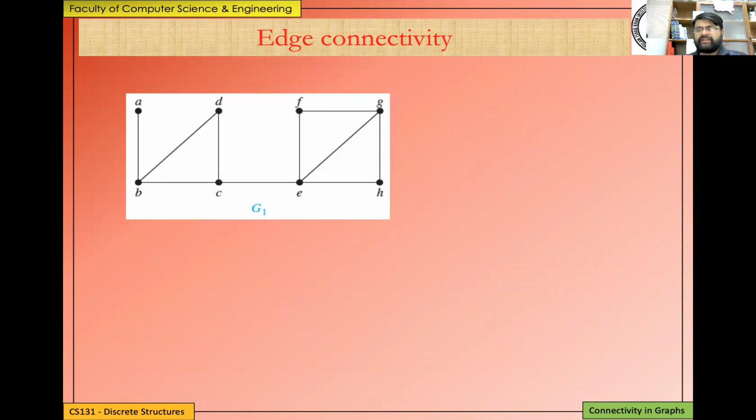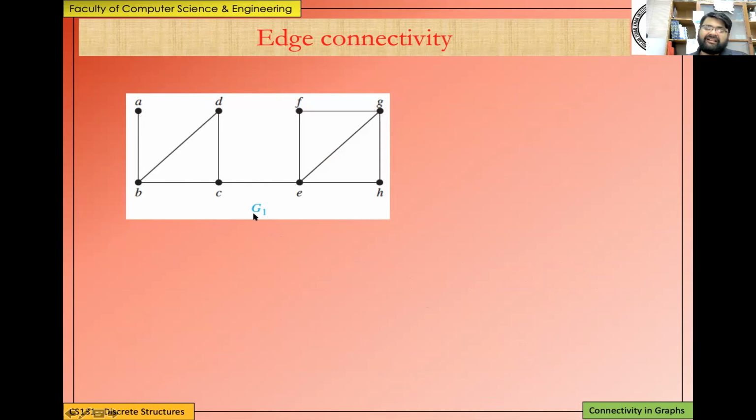So let's talk about the edge connectivity and the edge cut here. What is the edge cut for this particular graph? Well, this has a cut edge, which is this one. So we can remove one edge and produce a disconnected graph.